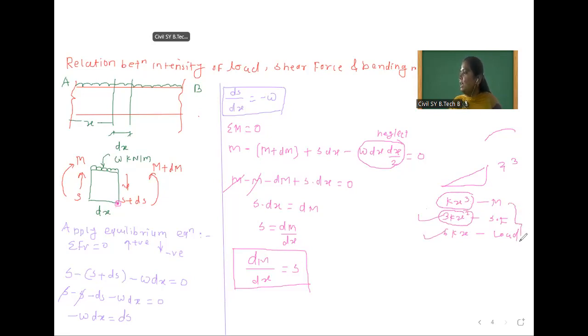So this is the relation between intensity of load, shear force and moment. Got it? Okay, please write it down, or if you want, take a screenshot.